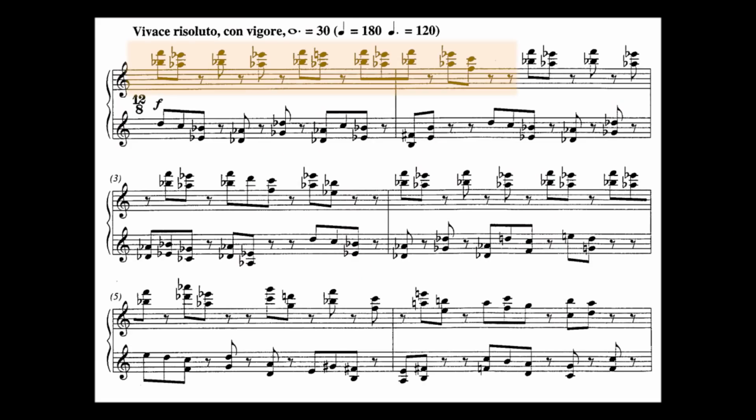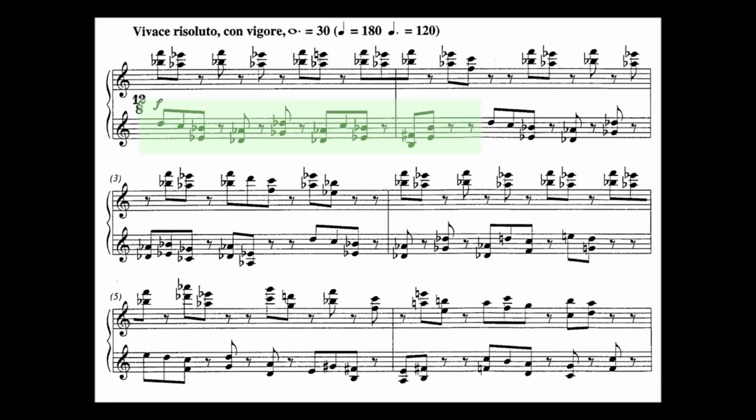Here, two rhythmic phrases of different lengths are placed on top of each other so that their cycles gradually shift out of sync. You can see that the right hand has an 18 eighth note cycle, while the left hand has 16 notes.